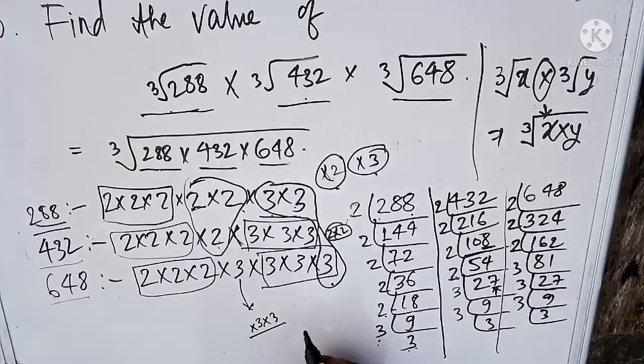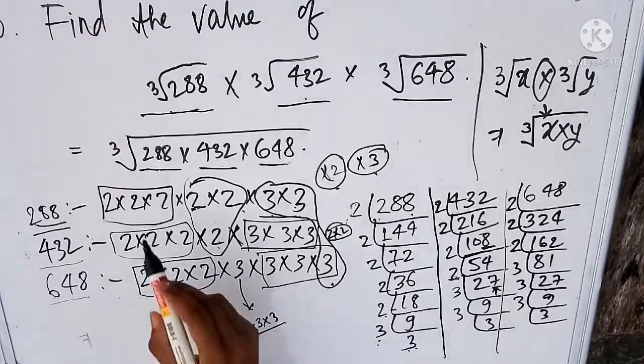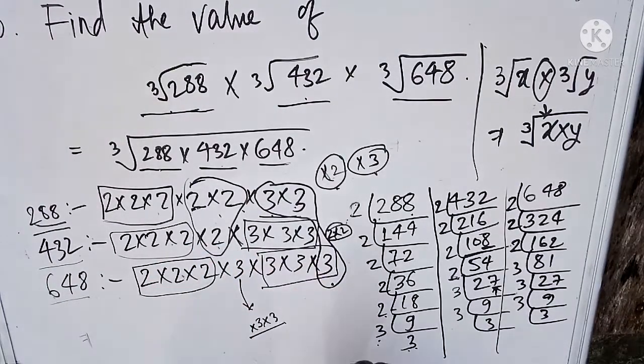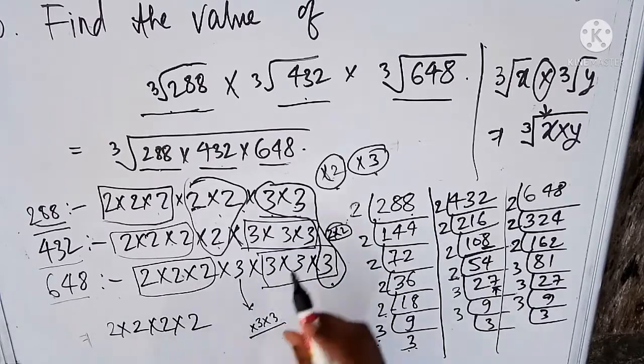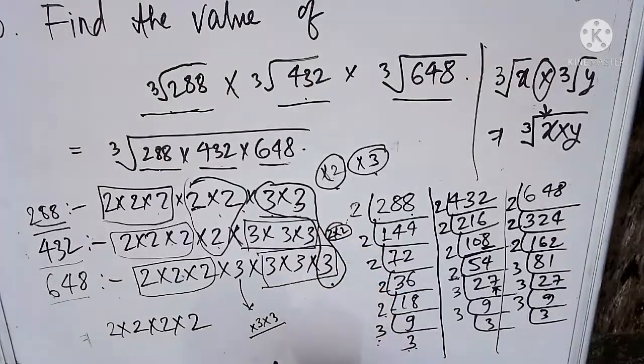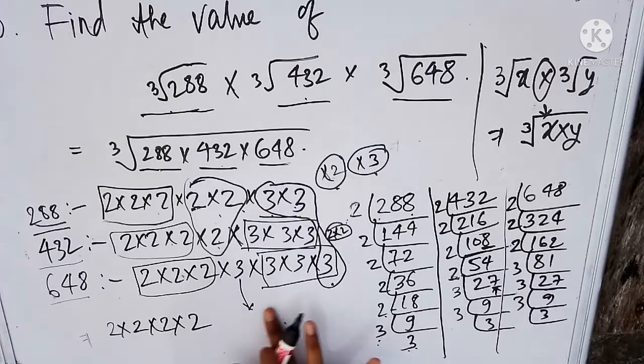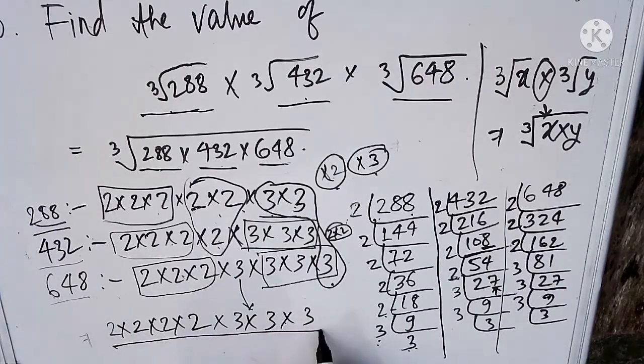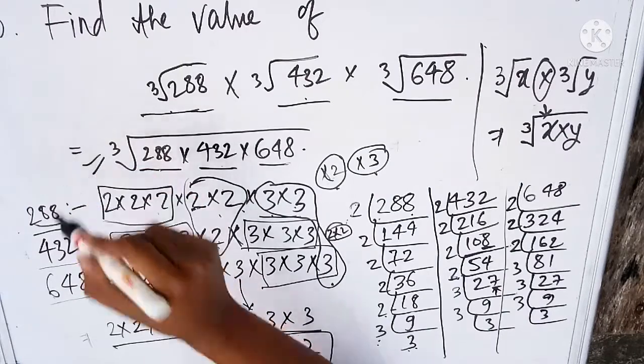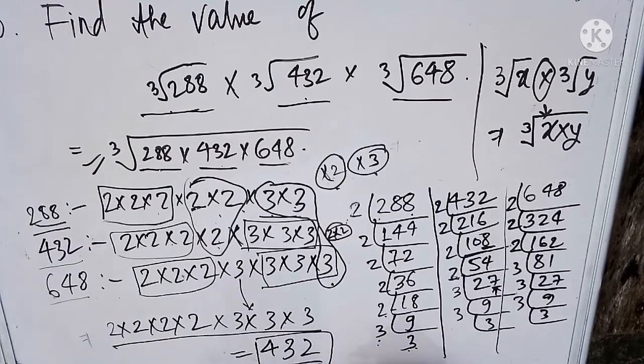Now the answer to this question will be, here we have 1, 2, 3 and 4 times 2. So you will multiply 4 times 2. And we have 1, 2, 3, 3 times we have 3. So you will multiply this here 3 times 3. And while calculating this, you will get the number 432, which is the cube root of all these numbers, and the answer to the question.